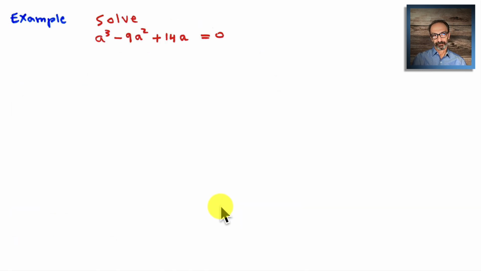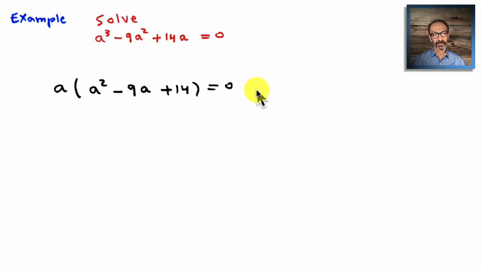Another example. Could we factor something out as a common factor? What do you think? I think we take one a out, right? They all have a's in it. So let's take one a out. So we have a to the second left for me here, 9a from the second term, and 14 by itself on the third.